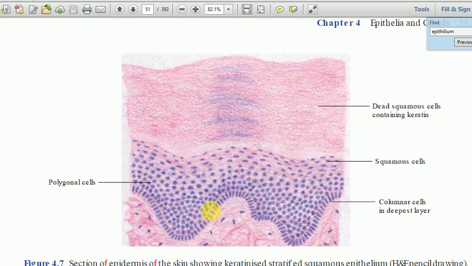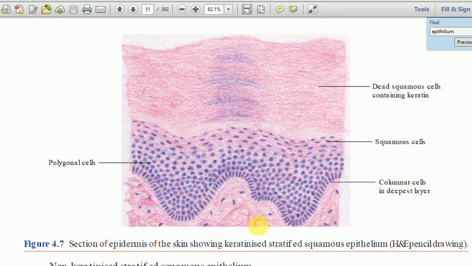So you can see this is how the keratinized stratified squamous epithelium appears. This is the layer of keratin, and then you have the layer of squamous cells, then you have the layer of polygonal cells. After that you have the deeper layer.